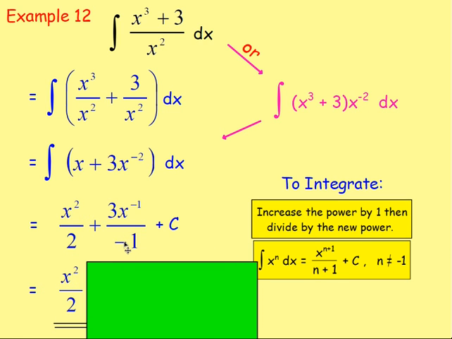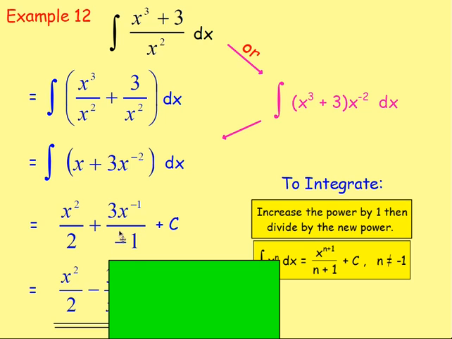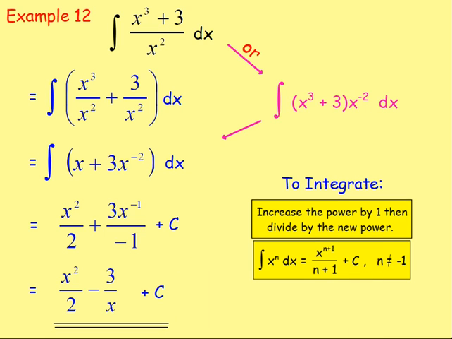Because you've got the negative at the bottom here, just move that out to the side, so you end up adding a negative, or in other words, you're just taking away, and then that stays as 3. But you can put the x just on the bottom. It's x to the negative 1, so you can move that down, so it's 3 over x. And again, plus c. You always need your plus c.